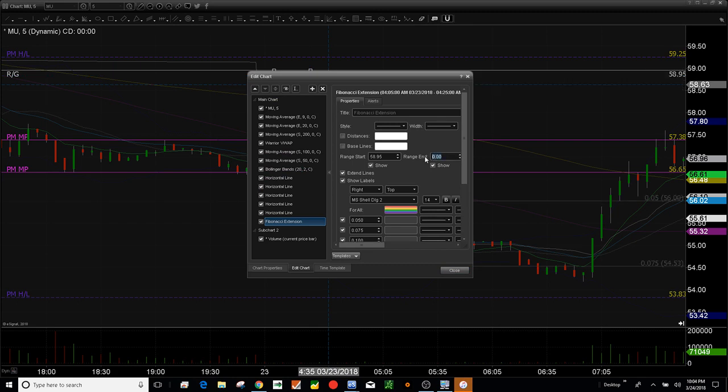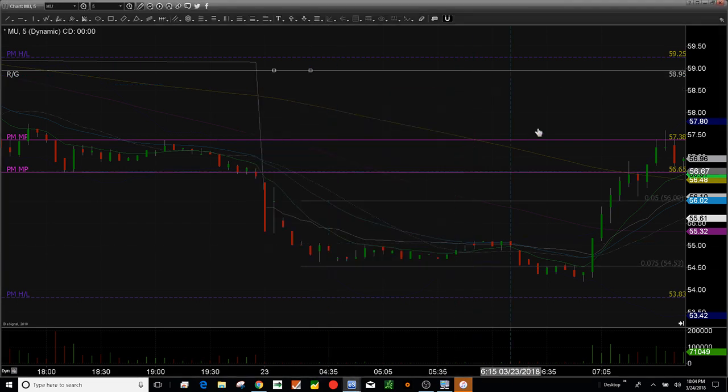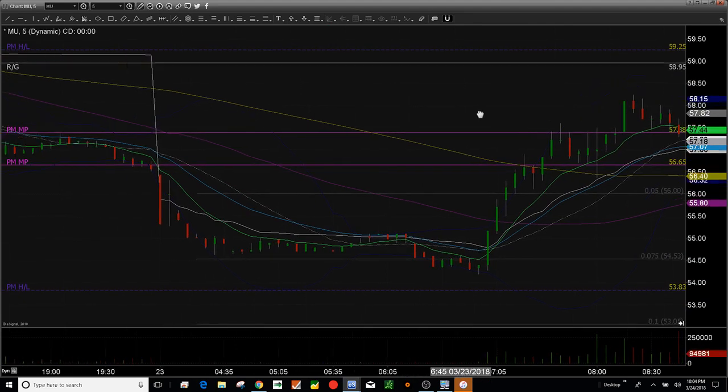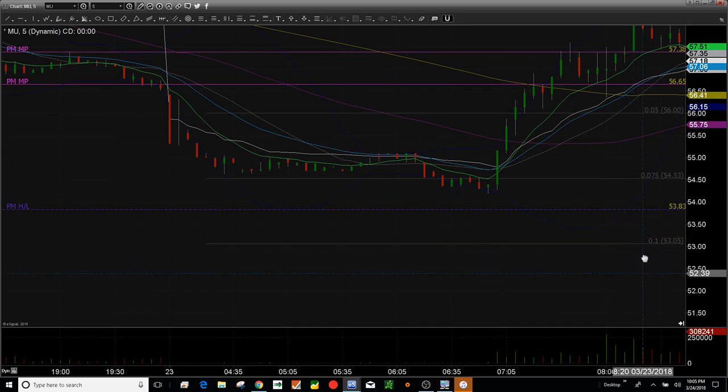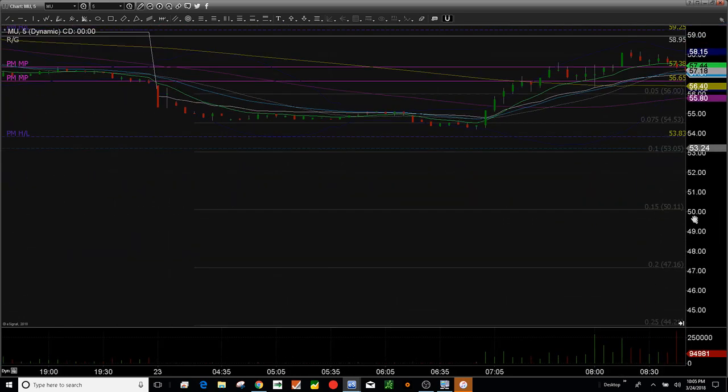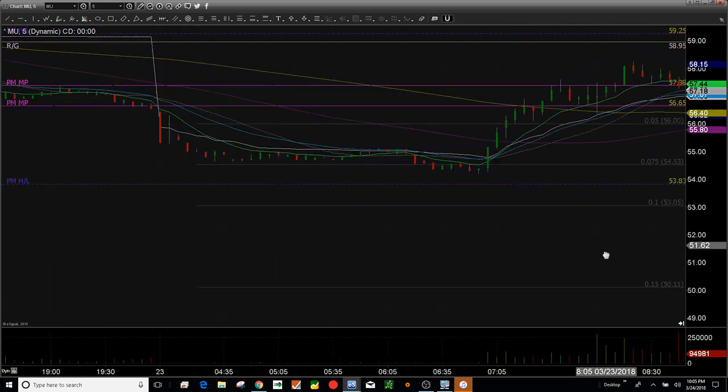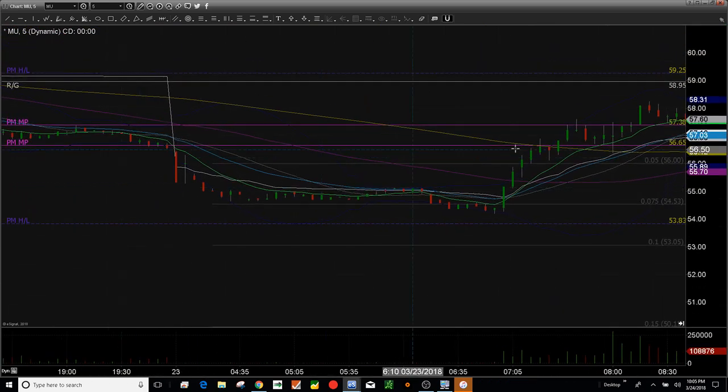So I like to know the following percentages from the red to green, up or down. Since we're down, I want to know from red to green, 5% down from there is $56. 7.5% down from there is $54.53, and then 10%, and then 15 and 20, even further down. Okay.